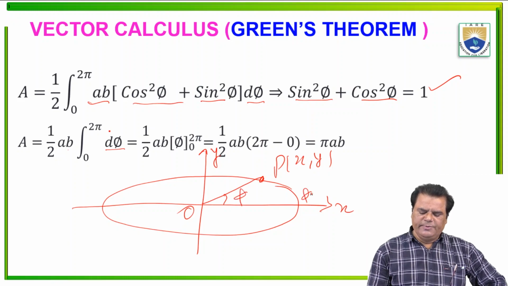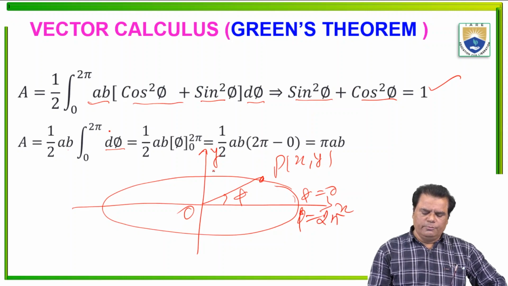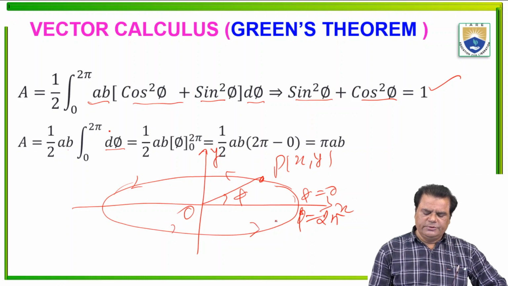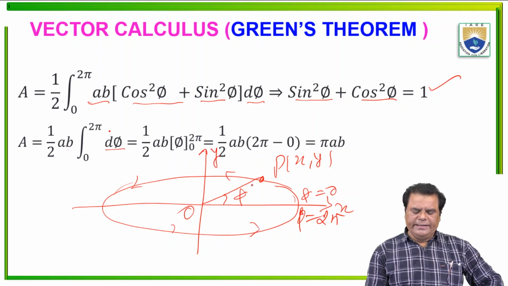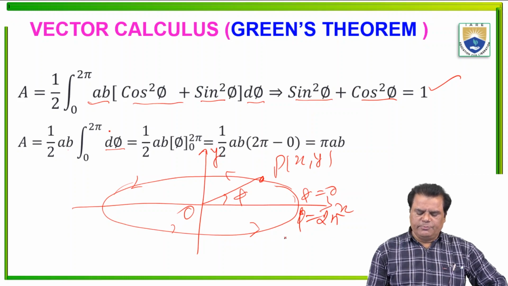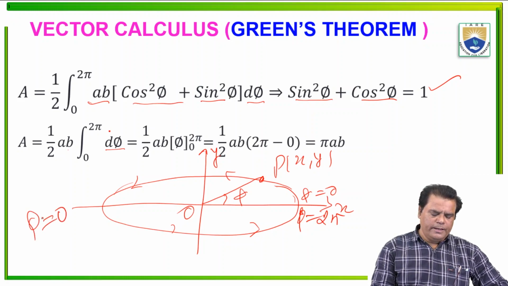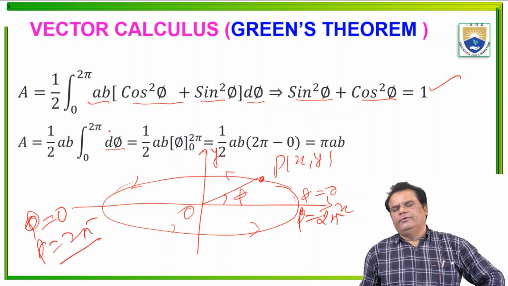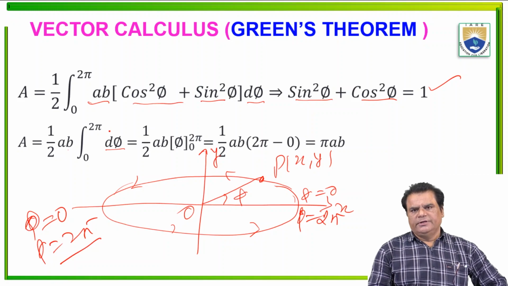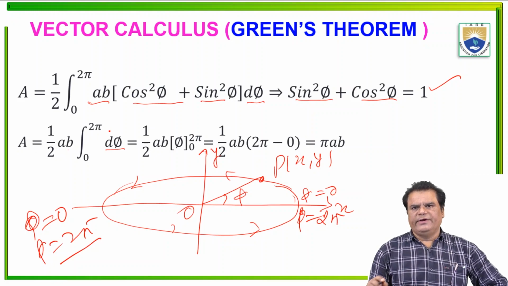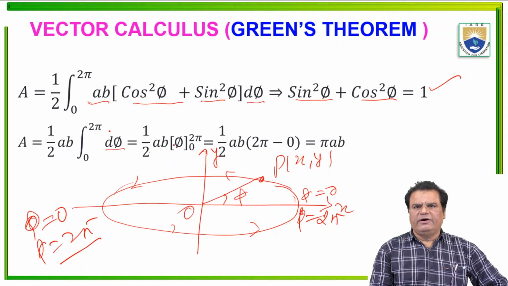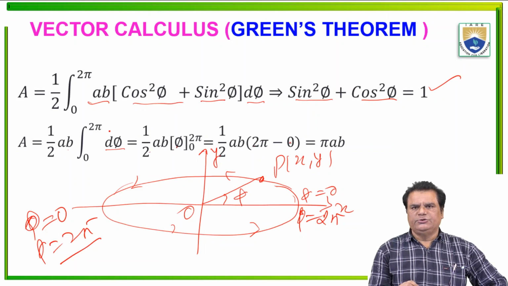So phi is minimum 0 and maximum 2 pi, one complete cycle in the anticlockwise direction. This is the limit of phi covering the region, the area of the ellipse. So this equals 1 upon 2 ab times phi, putting the limits, 2 pi minus 0.